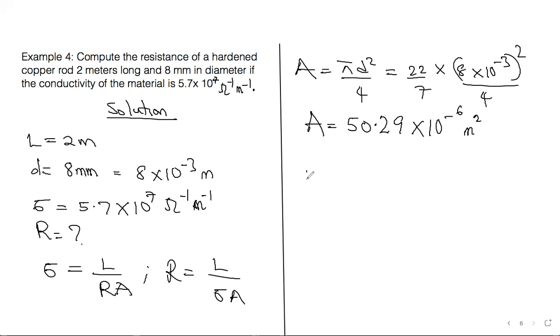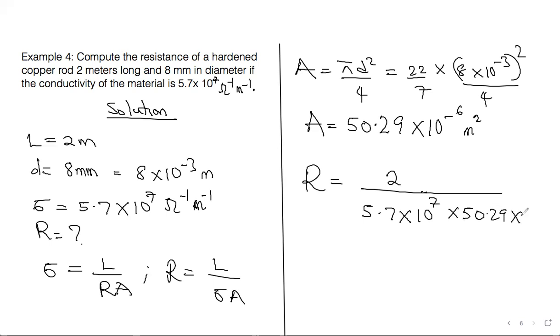So if I substitute that here, R will be the length, 2, divided by the conductivity, 5.7 times 10 raised to the power 7, multiplied by the cross-sectional area, 50.29 times 10 raised to the power minus 6.